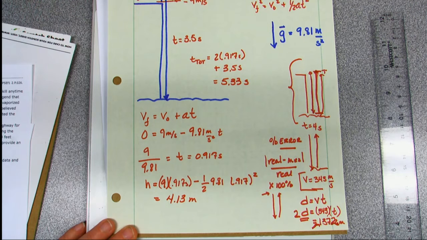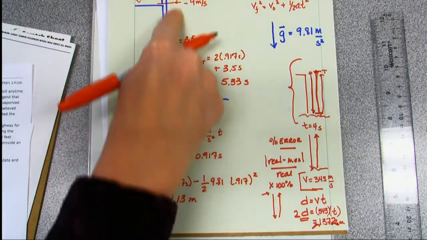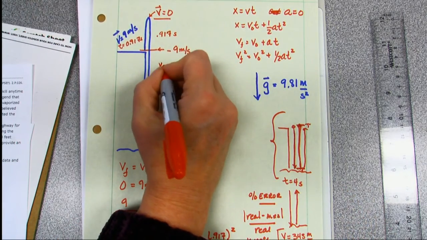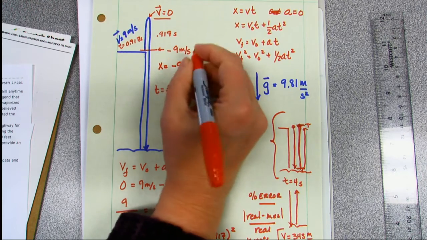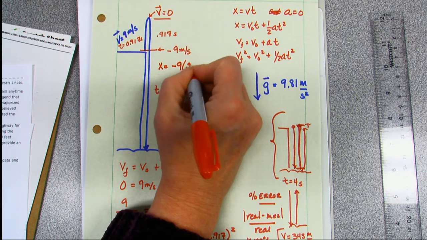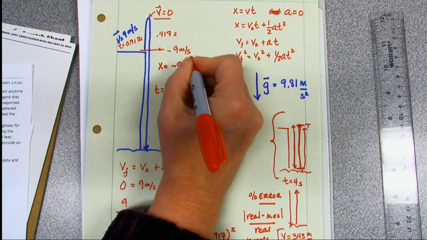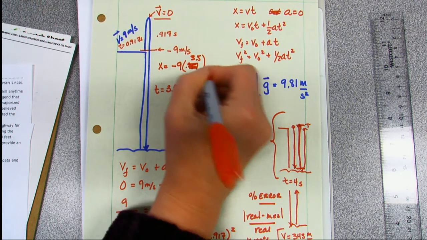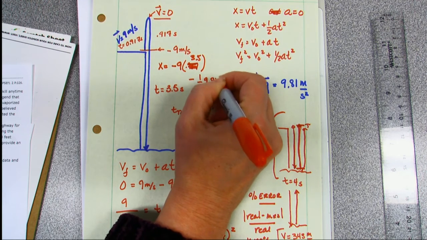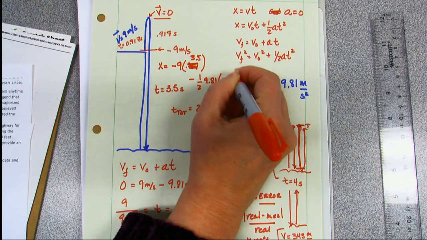So now we can also calculate the height here. In this case, the height is minus 9 times my time, 3.5 seconds, minus 1/2 times 9.81 times 3.5 seconds squared.